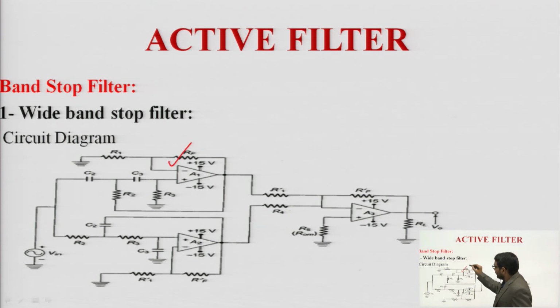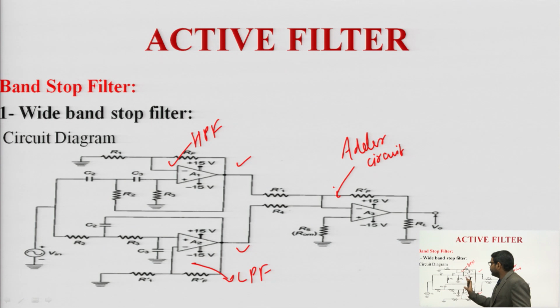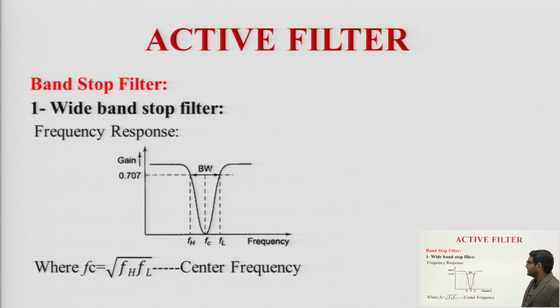This is the second order high pass filter, and this will be the second order low pass filter, and we add the responses of these two with a summing amplifier or adder circuit, which adds the responses generated by the high pass filter and low pass filter. So, this is the circuit diagram for a wide band stop filter.